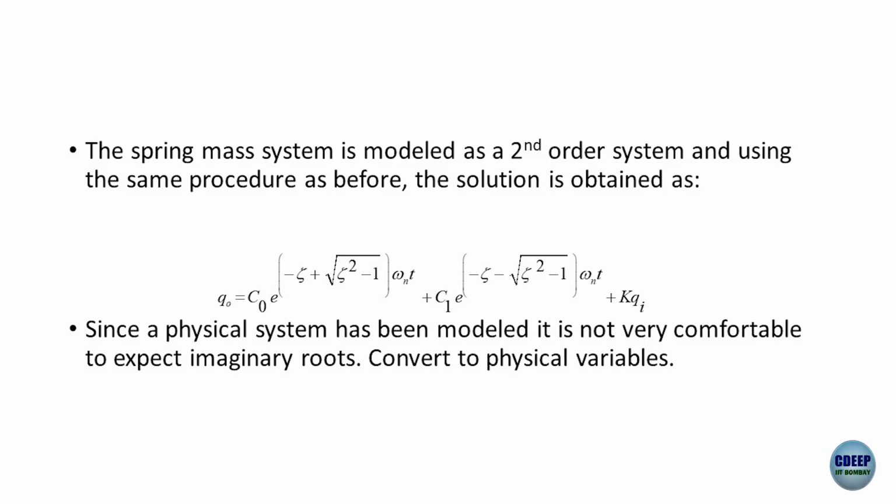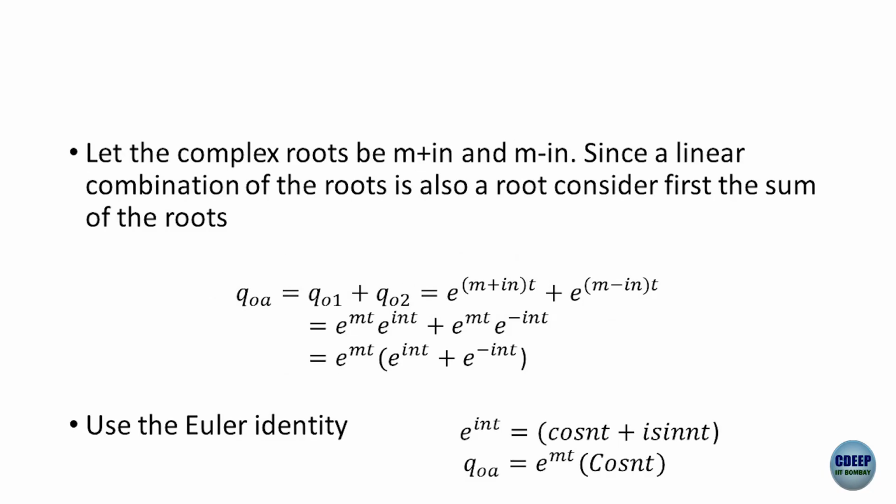But if you go ahead and look at the solution to that, then you see that there is an exponent, and in this exponent you have got a square root, and the zeta term in there can be greater than 1, equal to 1, or less than 1 in a physical system. And if it is less than 1, then you get imaginary roots, and it's customary to do this, and like somebody pointed out, it's not necessary that you do it.